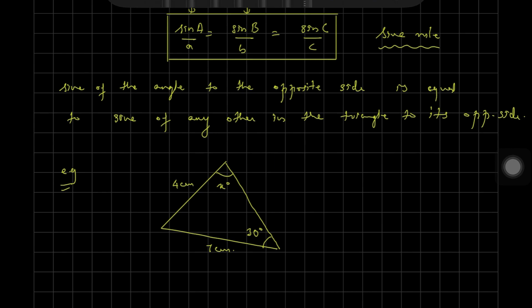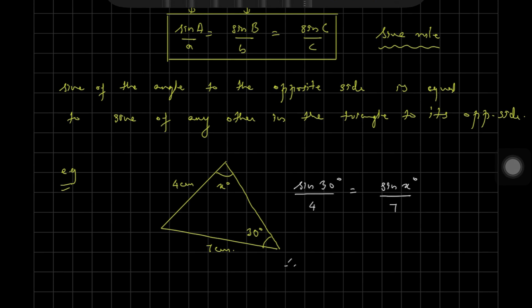Now, this is what I check on. I've got angles and sides. So how do I work on this? I'm doing it without any letters as A, B, and C, remember. My information now is about the 30 degrees. So sine of 30 degrees divided by its opposite side, that is 4, should be equal to sine of x degrees divided by its opposite side, that is 7.